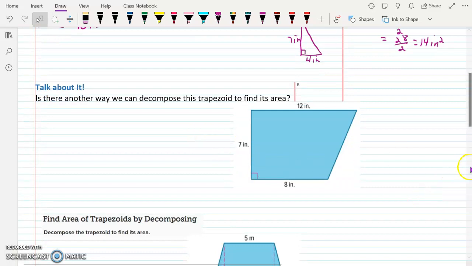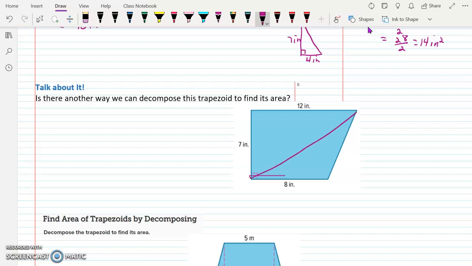Is there another way that we could decompose this? Well, there sure is. We could actually draw a diagonal across this shape, and we would end up with two triangles. So we could draw a line from here to this corner.